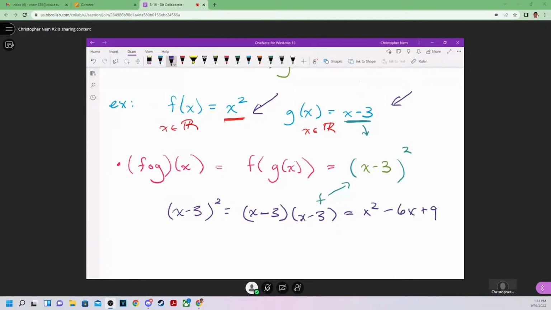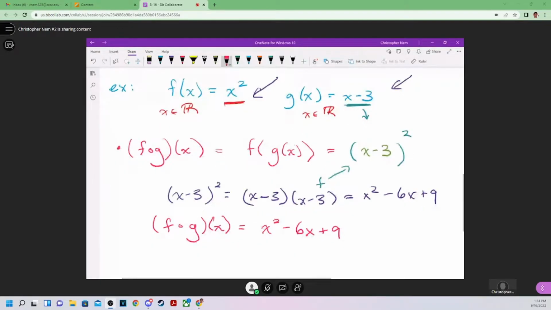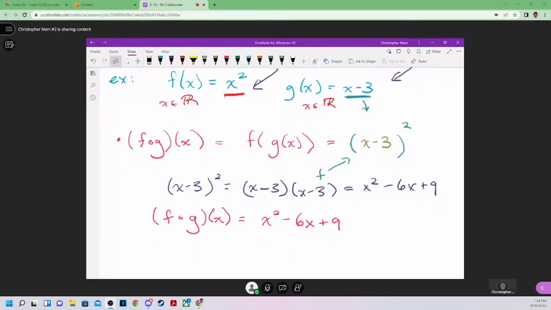X squared minus 6x plus 9. That is your function. So we can say f of g of x is equal to x squared minus 6x plus 9. This idea of composition is throwing a function inside another function.